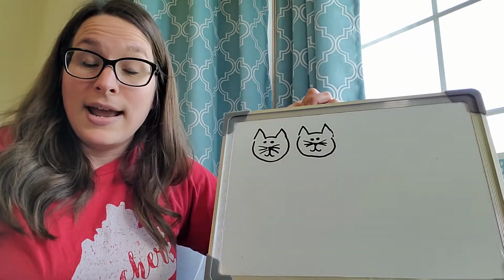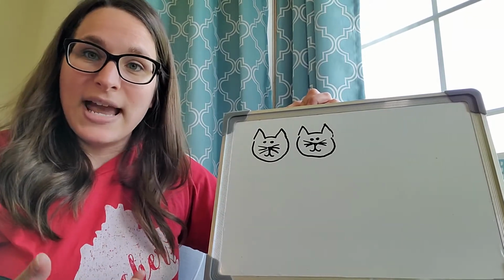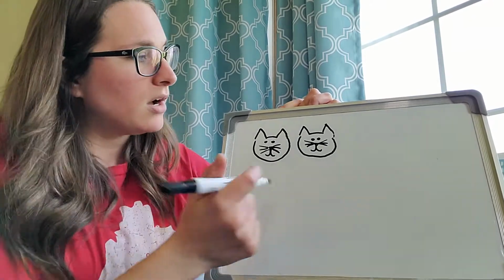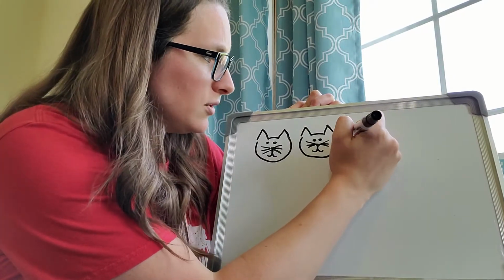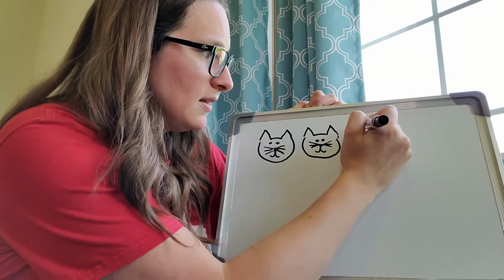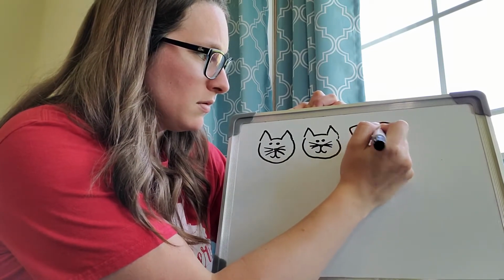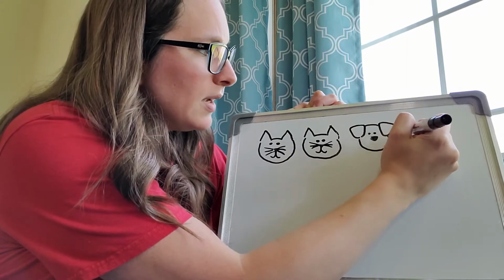So now I know that when we were on our walk, we not only saw 2 cats, but we saw 2 dogs. So next I'm going to draw 2 dogs. And again, just try your best. That's all we ask for. All righty.